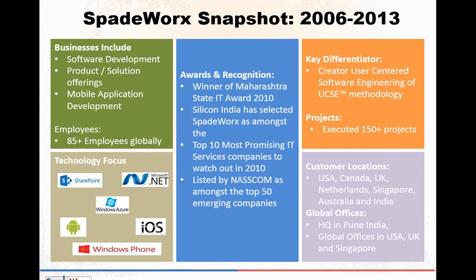SpadeWorks has been awarded many top awards by industry bodies like NASSCOM, which named SpadeWorks the most promising IT company, and the Government of Maharashtra awarded SpadeWorks with an IT award in 2010. That's a brief snapshot of SpadeWorks.